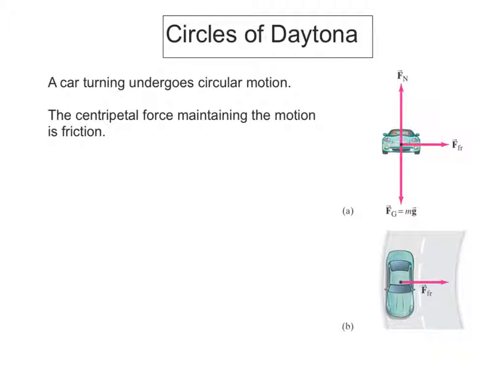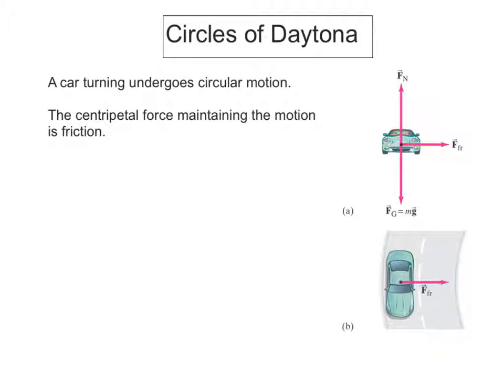In this case, if we look at the free body diagram over on the right, you can see that we have three forces acting on the car. We have the gravitational force of the car pulling down, we have the normal force of the roadway pushing up on the car, and then we have the force of friction between the tires of the car and the road.